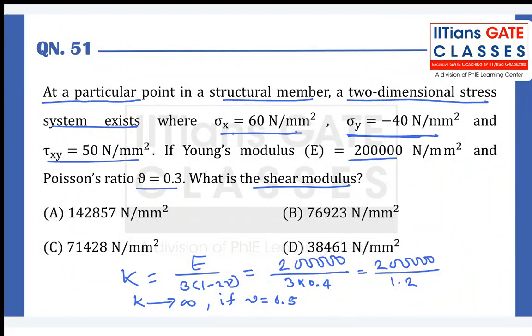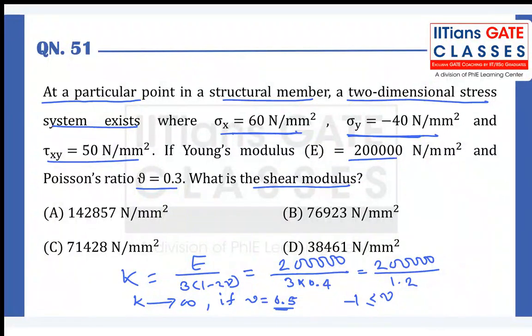Volumetric strain will be 0 and your Poisson's ratio will be 0.5. Now what is the limit for Poisson's ratio? Can anybody tell? For any material, the range is -1 to 0.5.